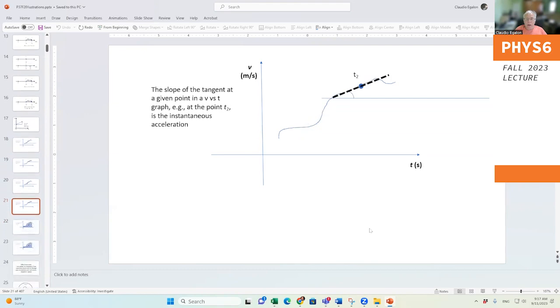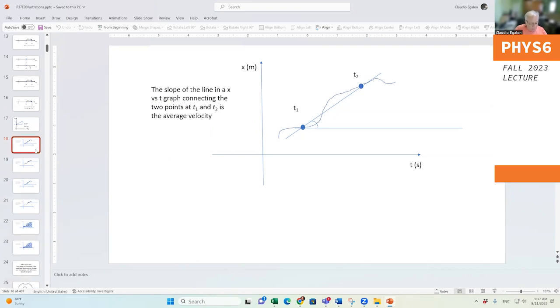So let's see here. I'm going to do it in a better way. If I want, for instance, to find the instantaneous velocity at t2, what do I do? I make t1 as close as I can to t2.